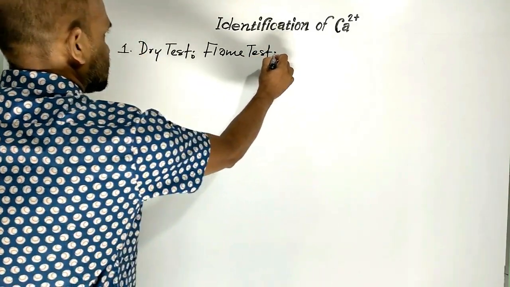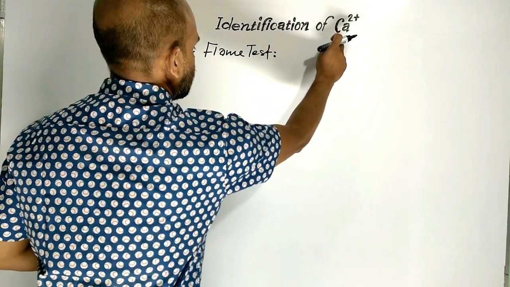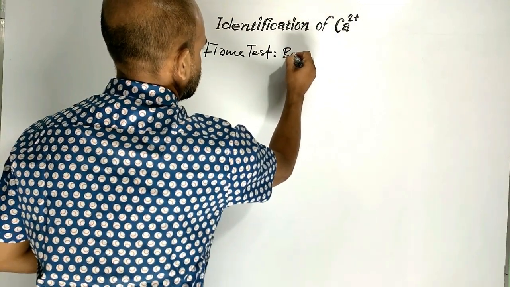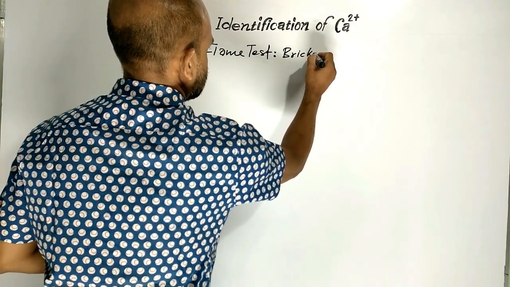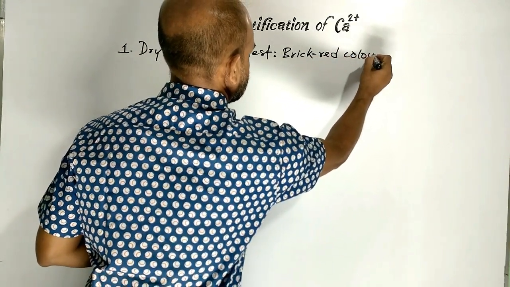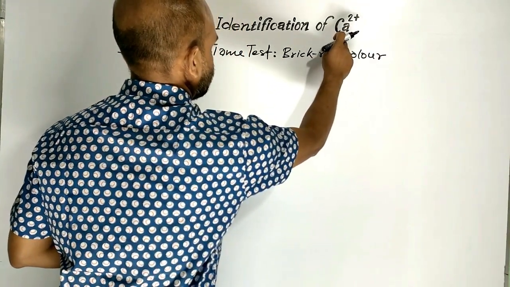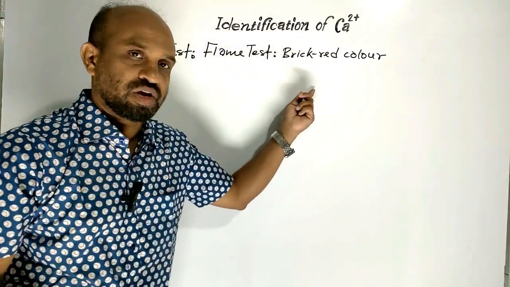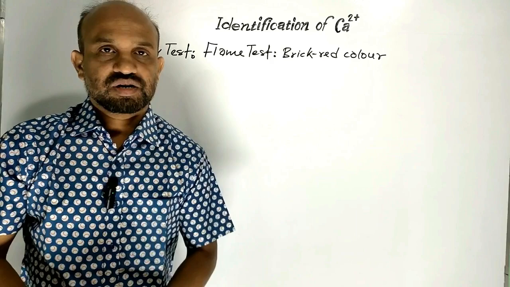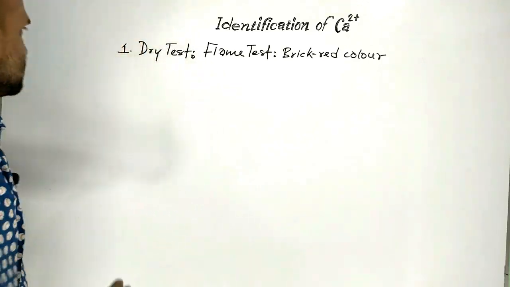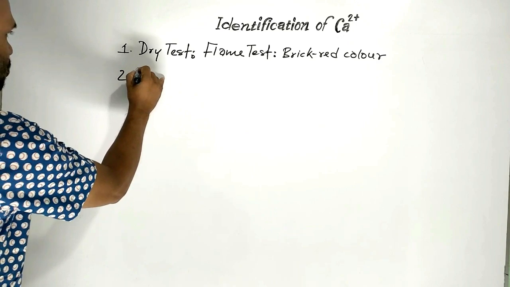In flame test, calcium metal produces brick red color in flame. It has been discussed in detail in the previous lesson. Now, let us see wet test.